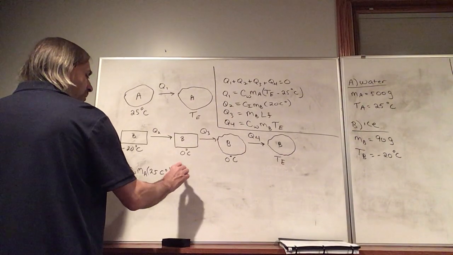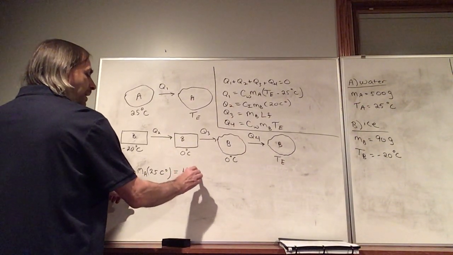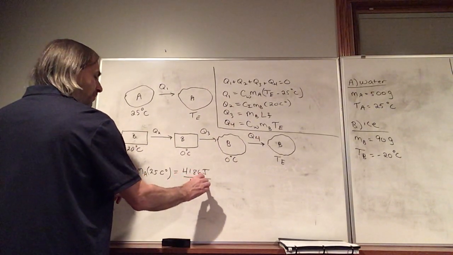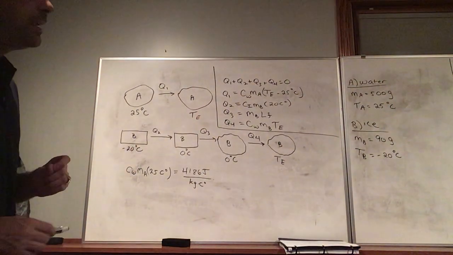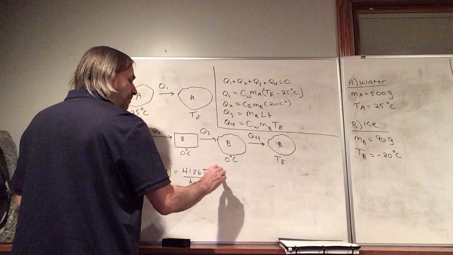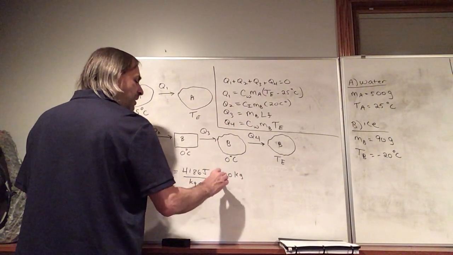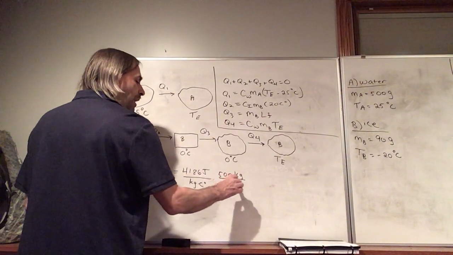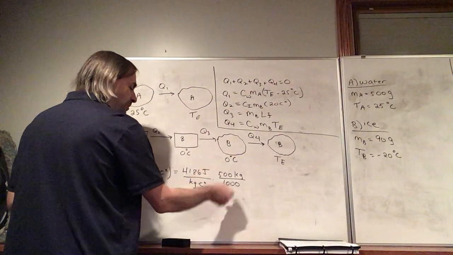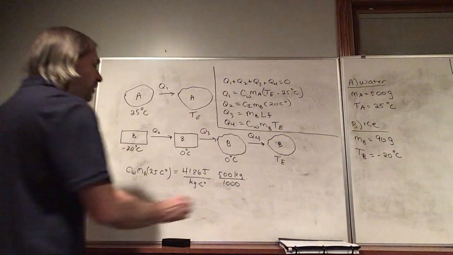So I'll do this and then write down the result. Specific heat of water is 4186 joules per kilogram Celsius degrees. Now the mass of A, this is 500 grams. Let's convert it to kilograms by dividing by 1,000. So basically, we have 1/2. Here, I'll leave it like that though. And then times 25.